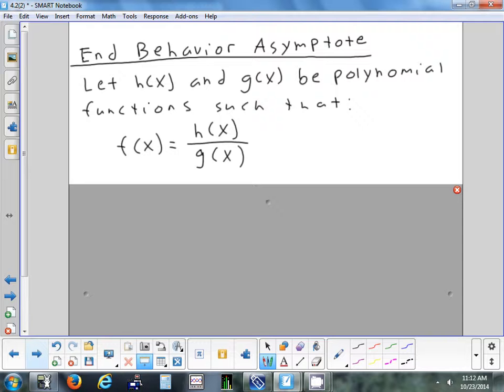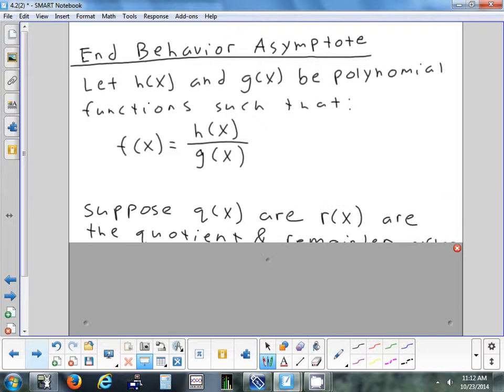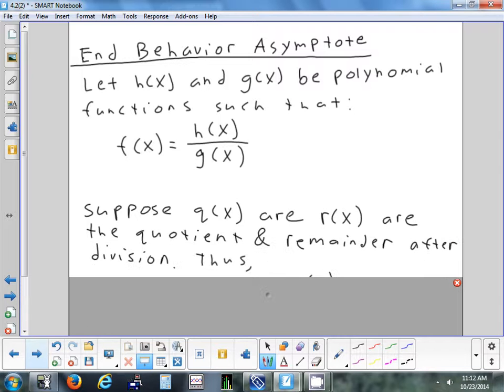The top would be a polynomial, which I called h of x, and the bottom would be a polynomial I'm calling g of x. In a real example, those will all be numbers and something we can actually work with. If we do out the long division, we're going to get a quotient, and we're going to get a remainder. And I just want you to remember how that works.